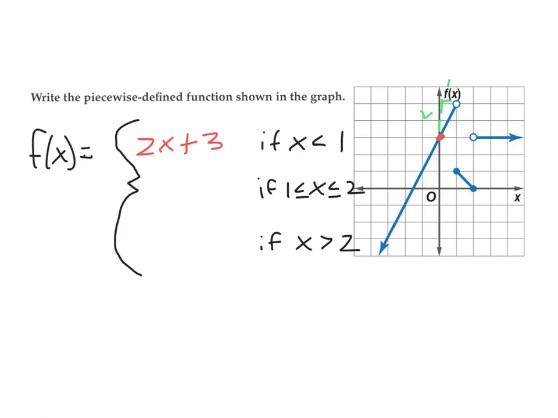Second part doesn't even cross the y-axis. How am I going to find the y-intercept? Like, where's this line? If I could continue it, where's it going to cross the y-axis? 2. It's going to be right here. Right? So I just back it up. If I'm going this way, I go up 1, left 1. So just do that again. Up 1, left 1. Well, the y-intercept is 2.